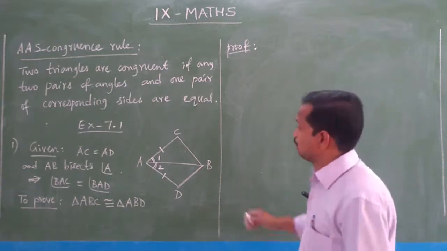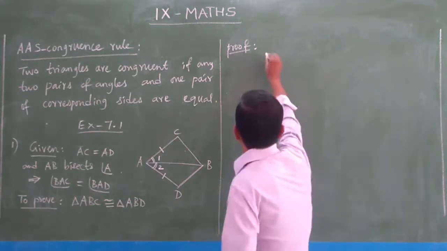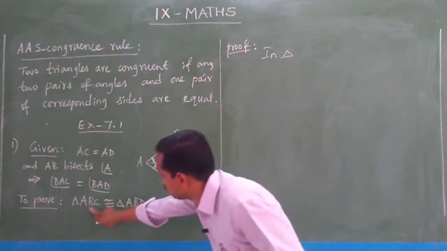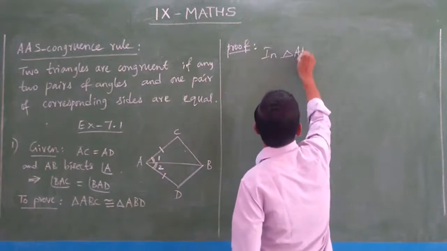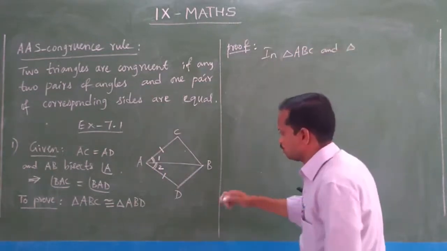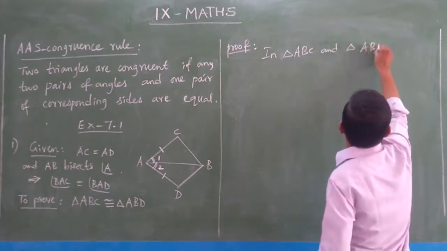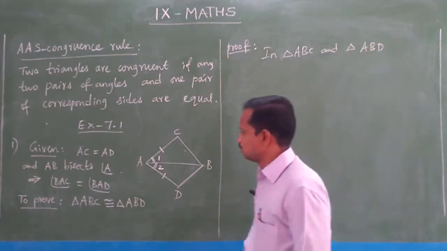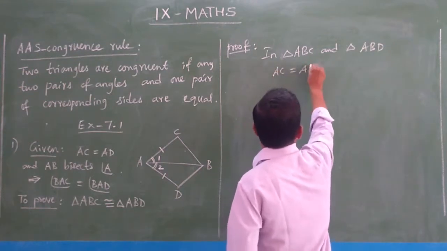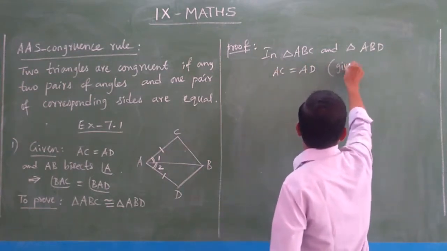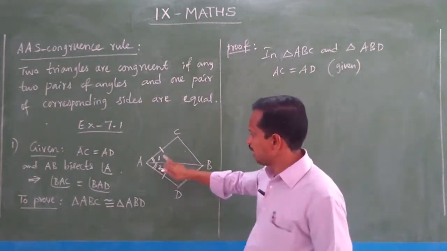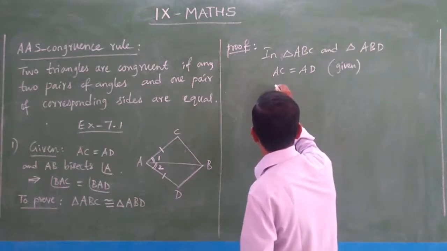So you look here, in triangle ABC. This is what is given here: first, triangle ABC and triangle ABD. AC equal to AD, given in the question, so you have to write the reason: given. And then you see, angle 1 equal to angle 2. Angle 1 means what?